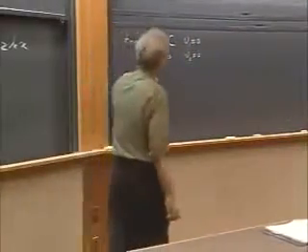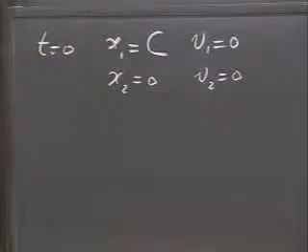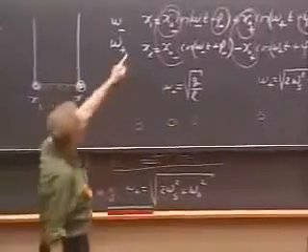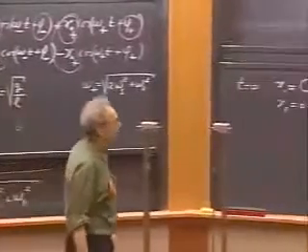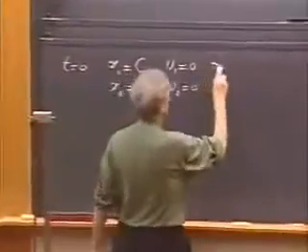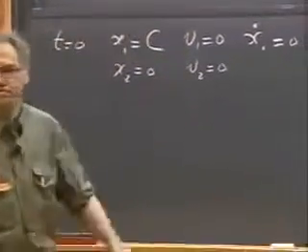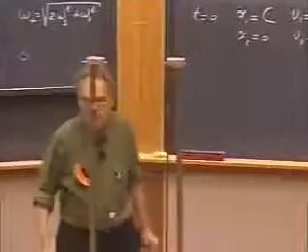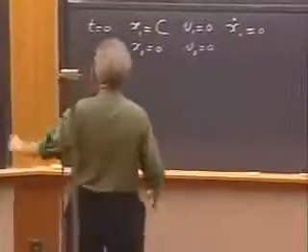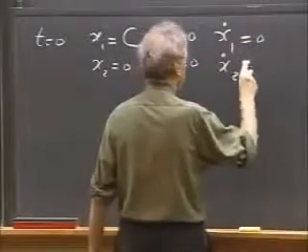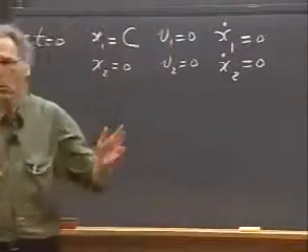So this now has to be substituted into my general solution. And so you have to take the derivative of x1, so you have to do x1 dot and put that equal to 0. I leave that in your competent hands. Then you have to take x2, and you have to take x2 dot, and you have to make that equal to 0, and I leave that into your competent hands.